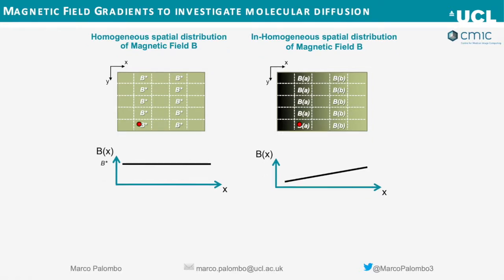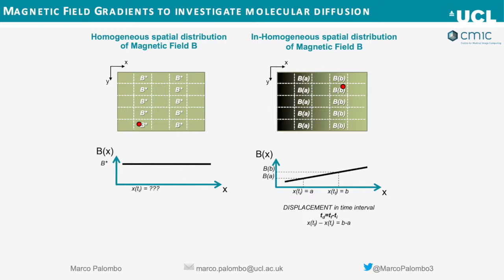For example, if a molecule moves from a point A to a point B in a given time with a gradient, we are able to measure a significant difference between local field in B and A, and from that to infer the amount of displacement that the molecule performed in the observed time window that we call diffusion time.